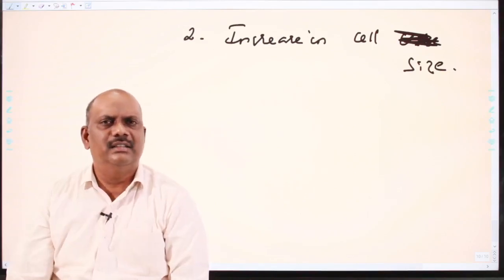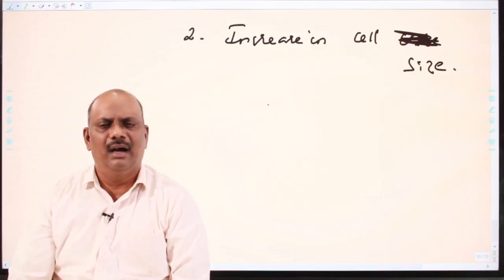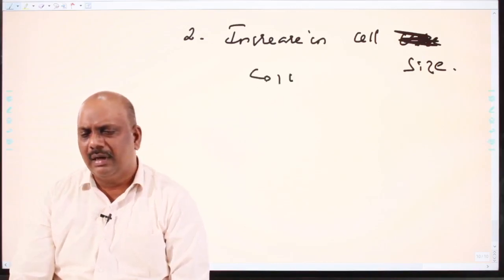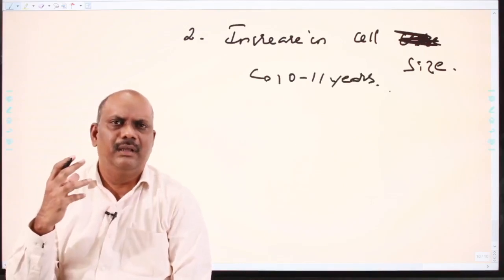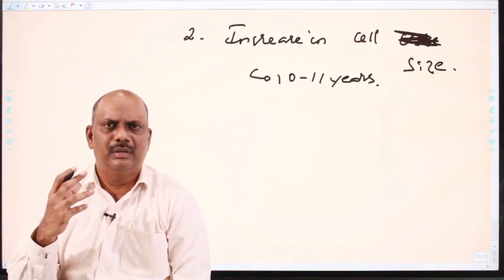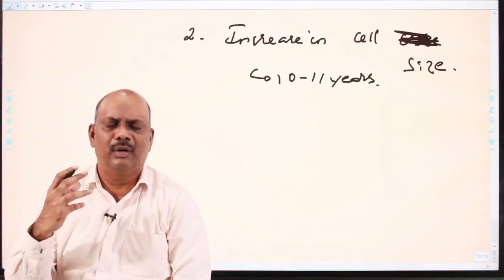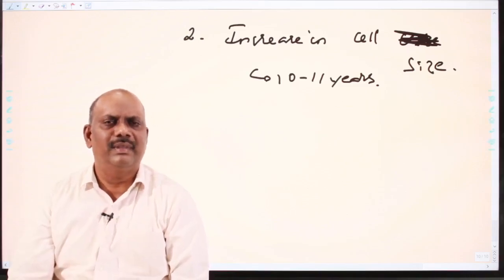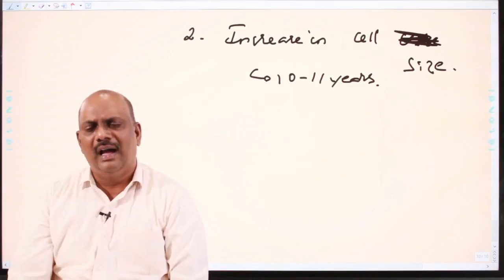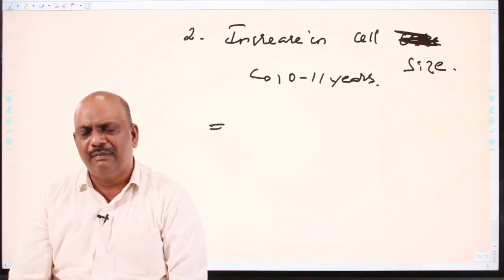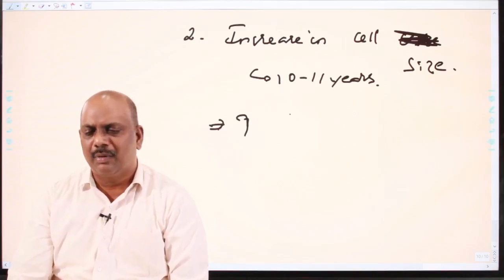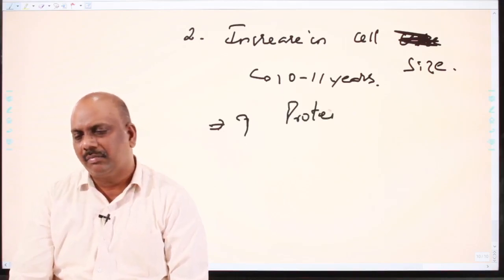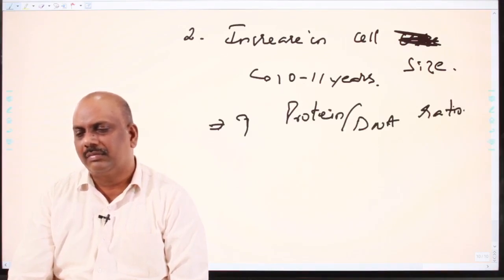This increase in cell size continues even after birth, and it continues almost up to 10 to 11 years, almost until the human body matures to reach sexual maturity. Until 10 to 11 years, there will be an increase in the cell size. And the increase in cell size is largely because of an increase in the protein DNA ratio.